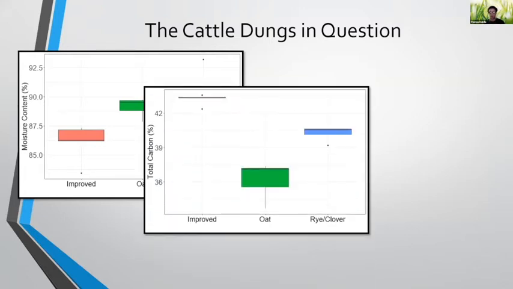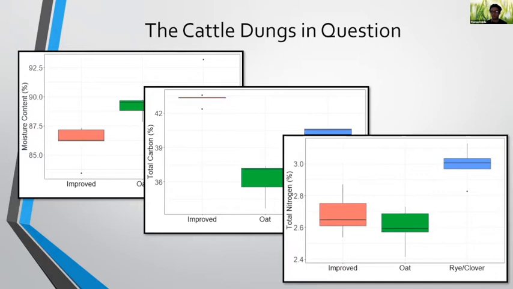Then for total carbon, the improved has around 43% total carbon within the dung, whereas rye clover is sitting around that 40 mark, and then the oat is sitting around 37%. And for total nitrogen, not really surprising, it's the rye clover because of the leguminous crop that has a 3% nitrogen content, while the other two are both sitting just around that 2.6% total nitrogen.